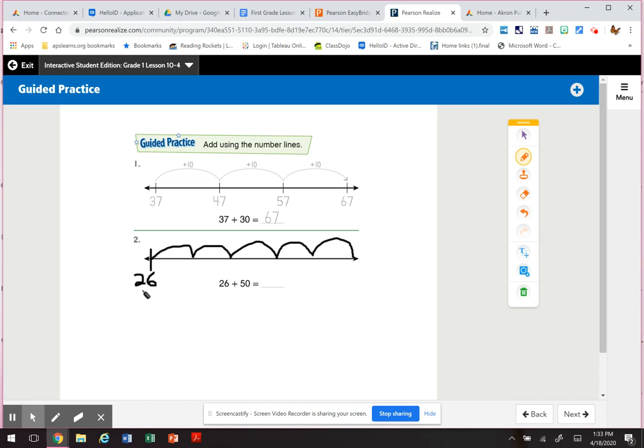So 10 more than 26 is 36. 10 more than 36 is 46. 10 more than 46 is 56. 10 more than 56 is 66.